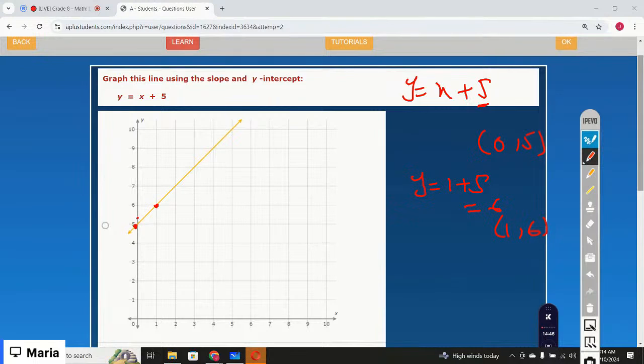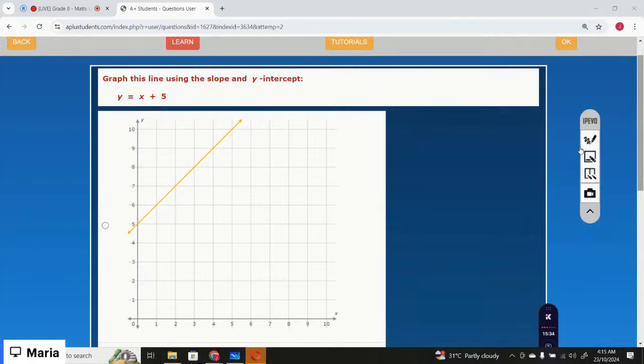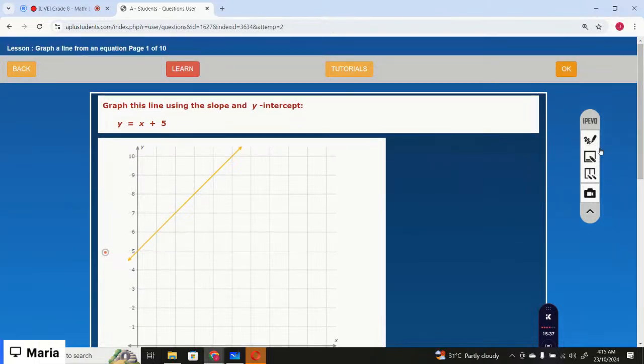Just make a line and okay, so option number 1 is the correct option.